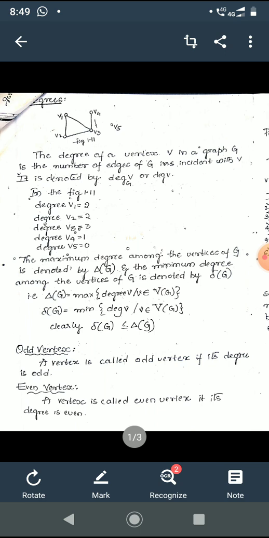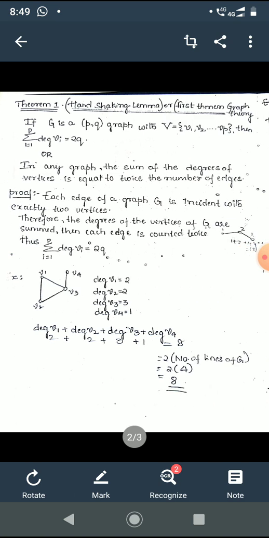Next we will discuss some theorems on a graph. Theorem 1, the handshaking lemma or first theorem of graph theory. The statement of this theorem says that if G is a (p,q) graph with V equal to the set containing V1, V2 up to Vp, then the summation of degree of Vi, i equal to 1 to p, is equal to 2q.